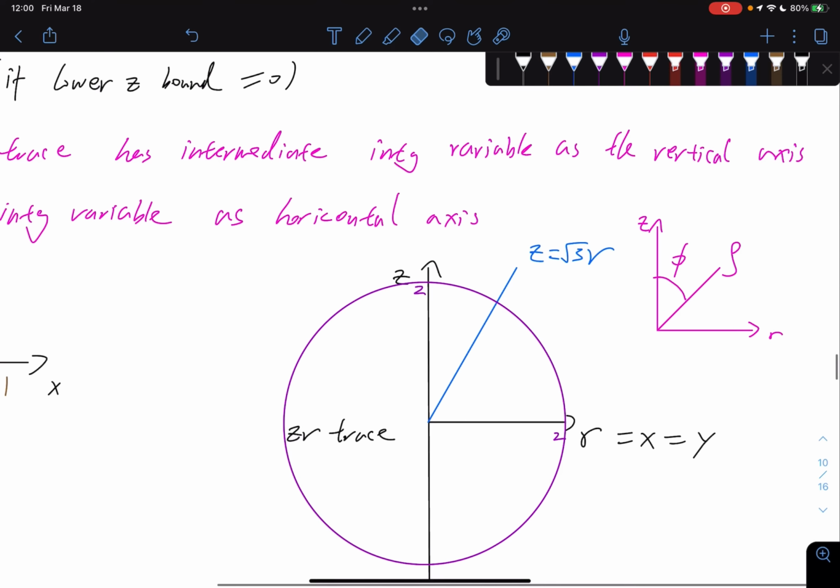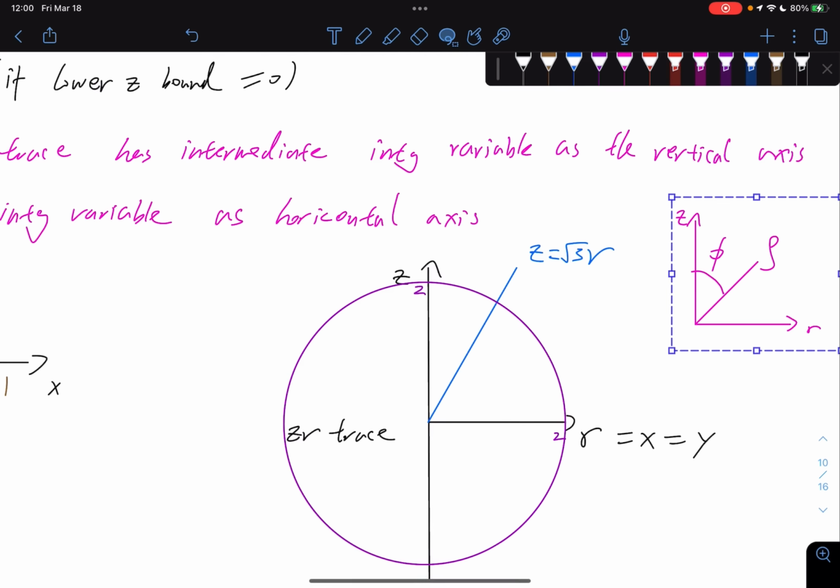The radius of the sphere is 2, and it's intersecting with this blue line, z equals root 3. If we play with some algebra, z equals root 3 r. So if you extend this down, that's 1, that's root 3. That means the angle over here will be 60 degrees, which is pi over 3.